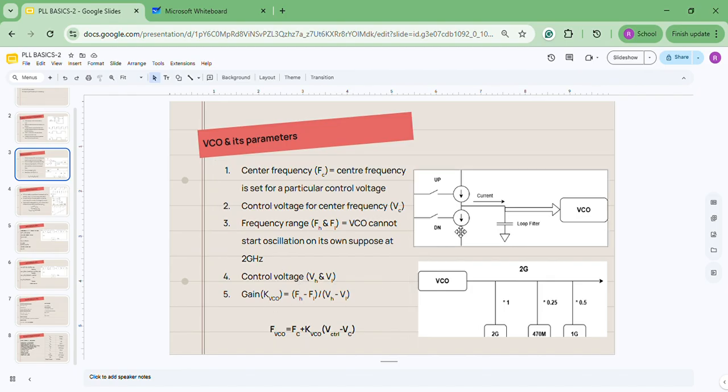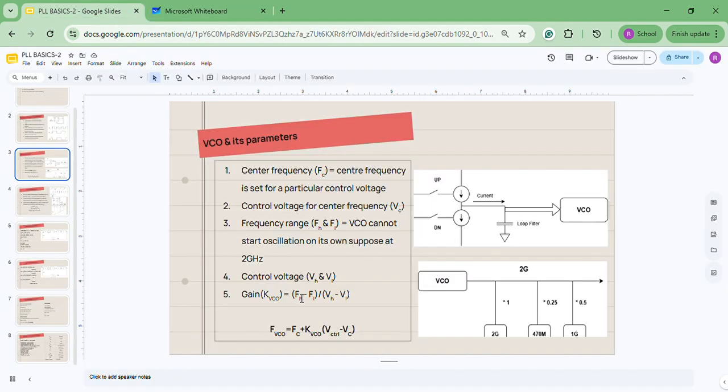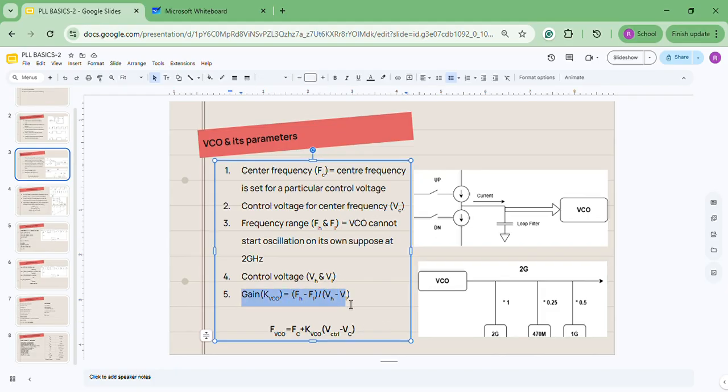The VCO gain is in hertz per volt, and it can be defined as the higher frequency minus the lower frequency divided by the higher voltage minus the lower voltage. So this is the gain of the VCO.